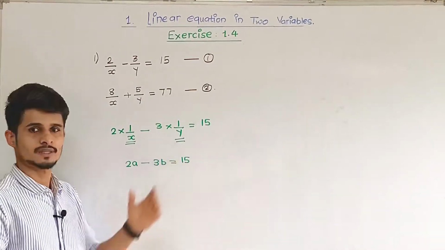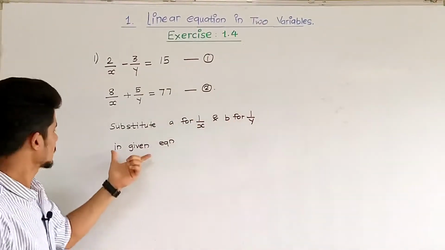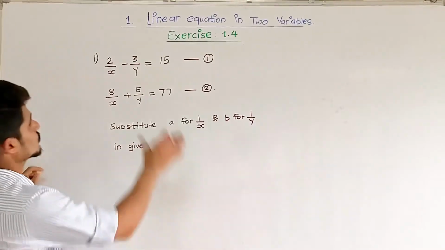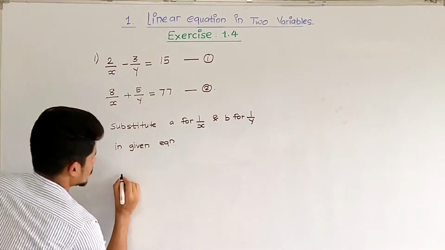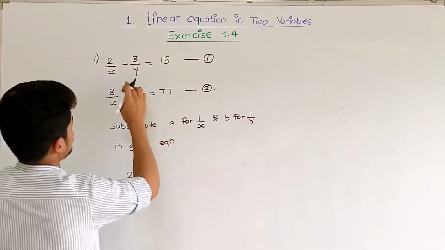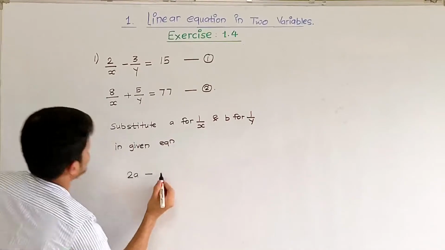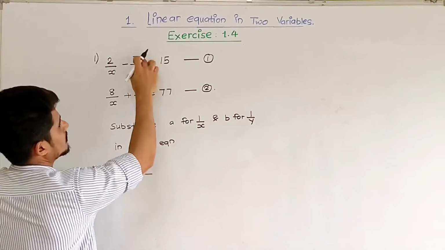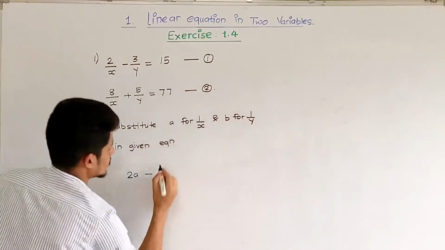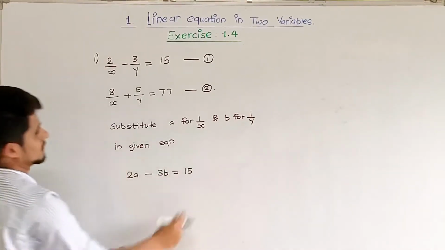So let's solve it. Substitute a for 1 by x and b for 1 by y in the given equation. So after substituting, equation 1 will look like this: 2 into 1 by x is a, 2a, minus 3 into 1 by y is b, that is 3b, is equal to 15.